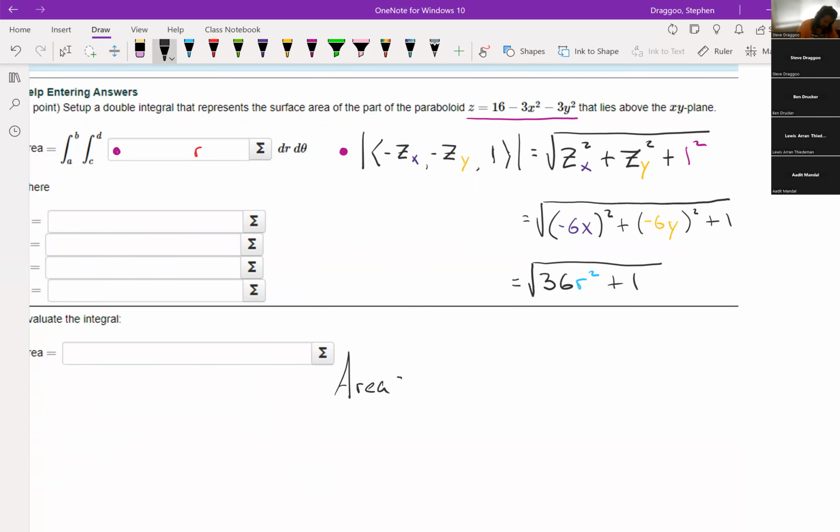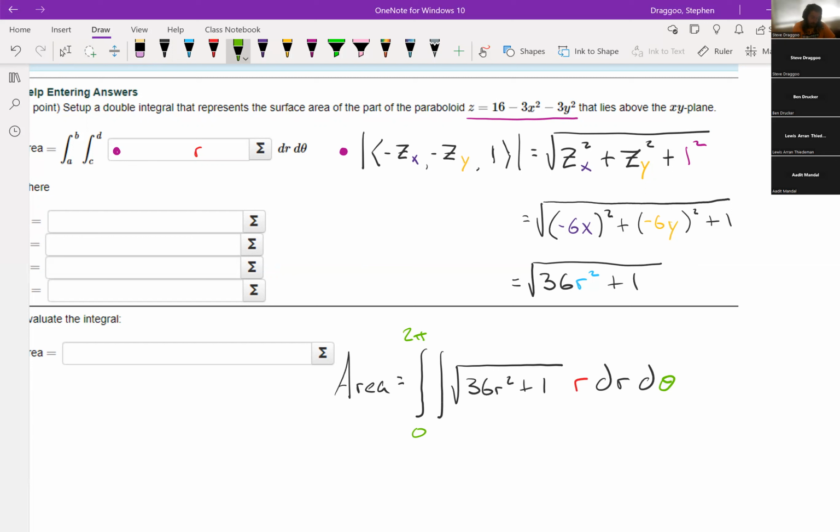Surface area that we want is going to be the double integral of that thing we just found, square root of 36r squared plus 1 times r dr d theta, where theta, the integral I set up for my outside, let's put it in green. I'm going all the way around my circle, so it's 0 to 2 pi. Right, we're not stopping anywhere in that direction.